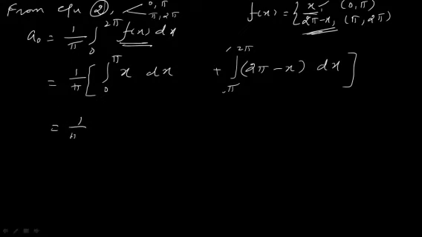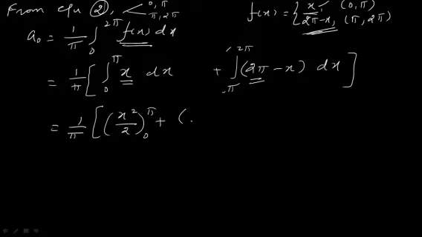That is 1 by pi of, when integrating x with respect to x, you get x square divided by 2. Here the limit is from 0 to pi. Plus, now I am going to integrate this. Here you have 2 pi alone, that is 2 pi dx.